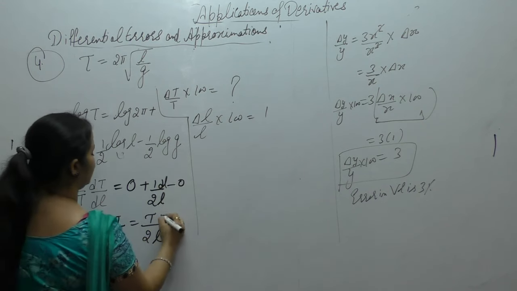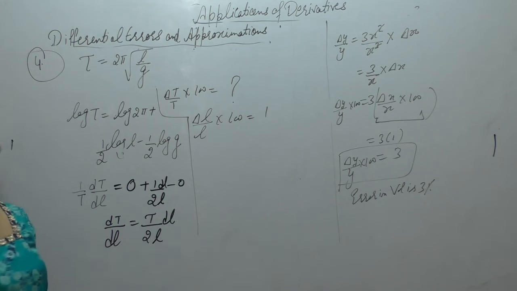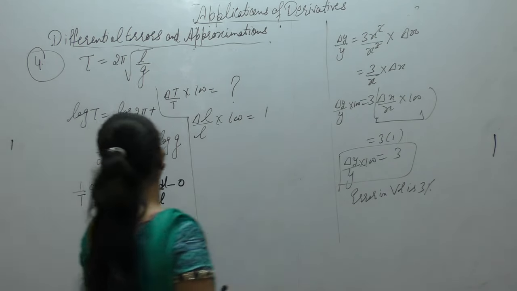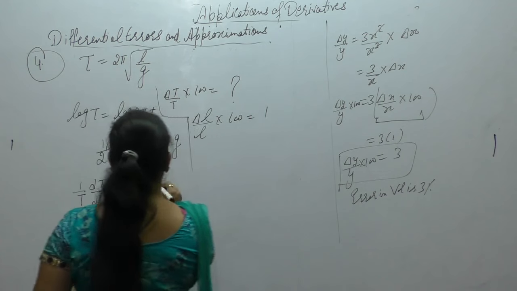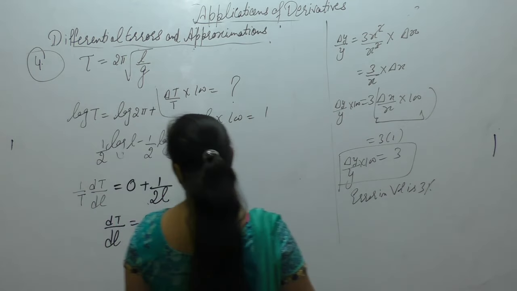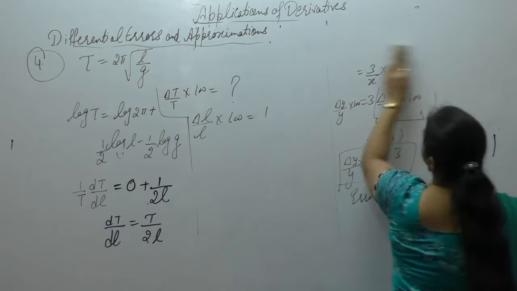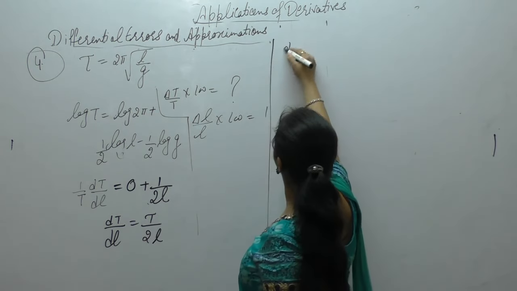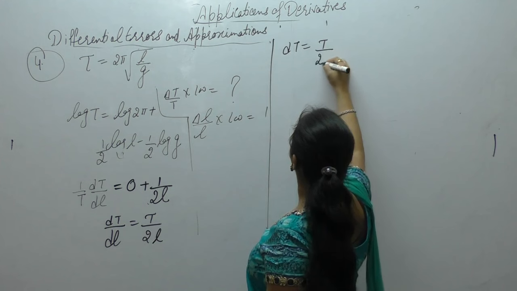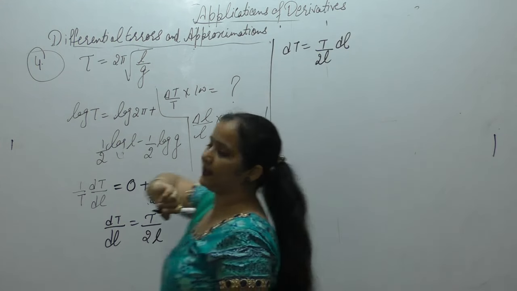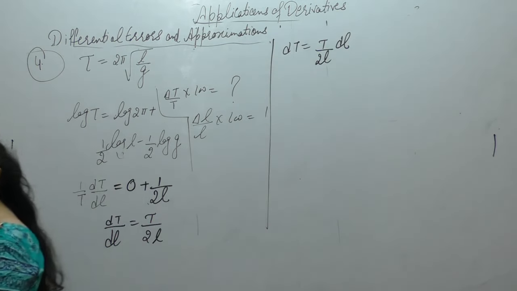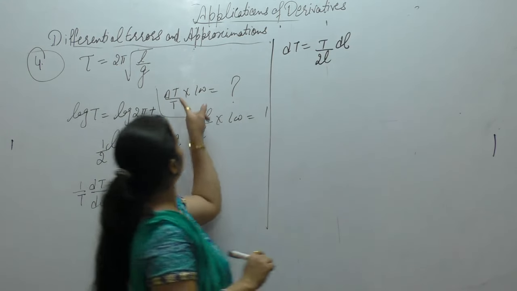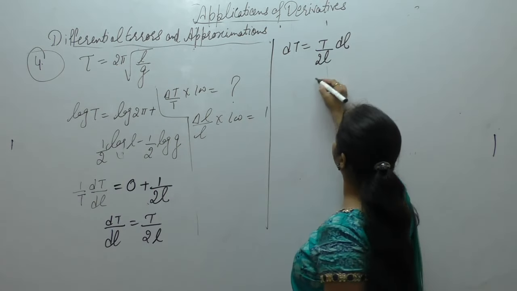Derivative of L is dl here. Derivative of log of L is 1 upon L. So what we get is dt as T upon 2L dl. This is what we got. Now we have the value of dl upon L multiplied by 100.